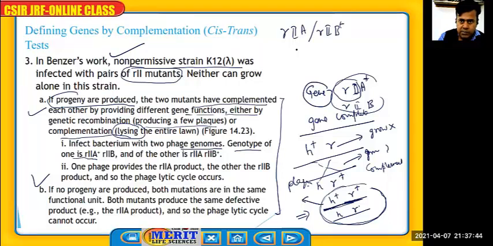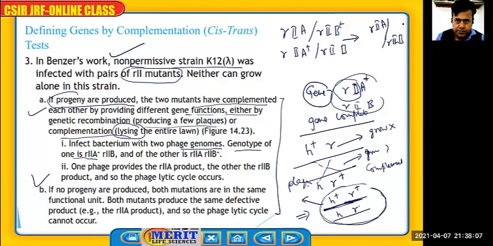So this was the first combination, rIIA plus and rIIB, right? One providing the rIIA product, the other providing the rIIB, and then you can obtain this kind of product.